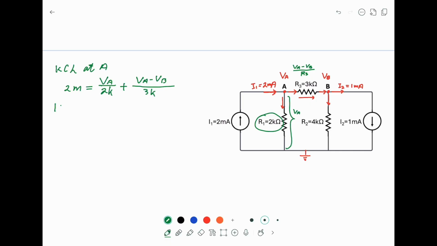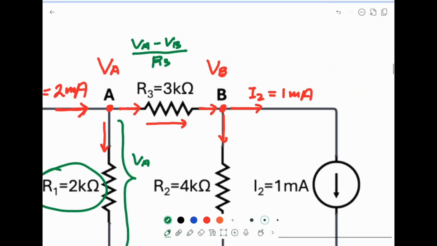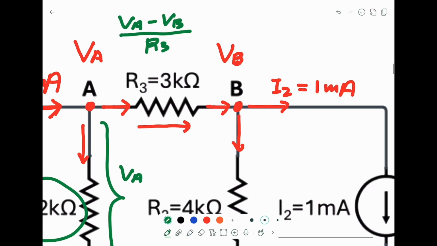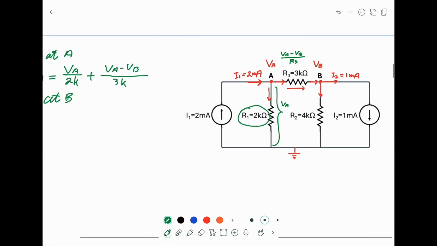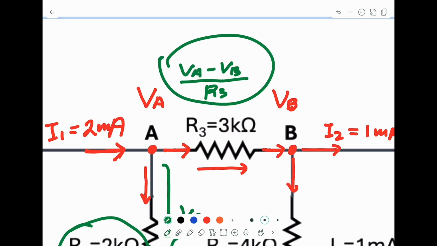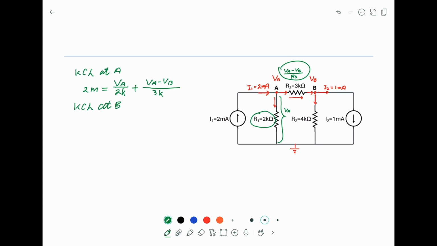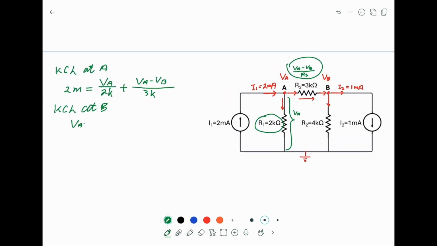Next, let's look at KCL at B. There is 1 in, 2 out. The 1 in is this one, the current flowing into node B. VA minus VB divided by 3K, the current flowing into node B, equals the current flowing out.